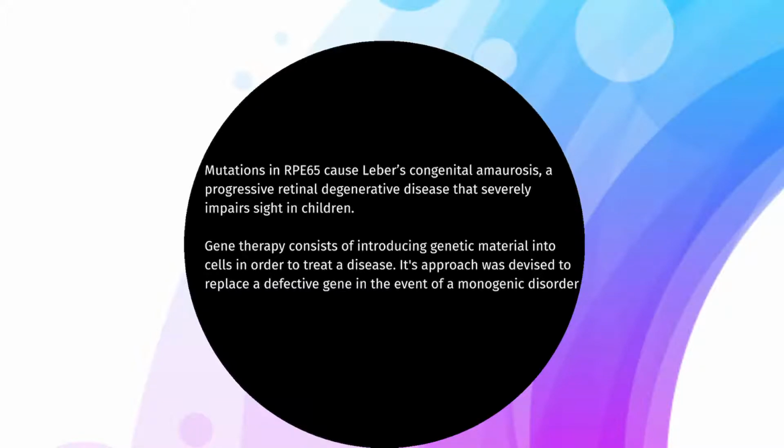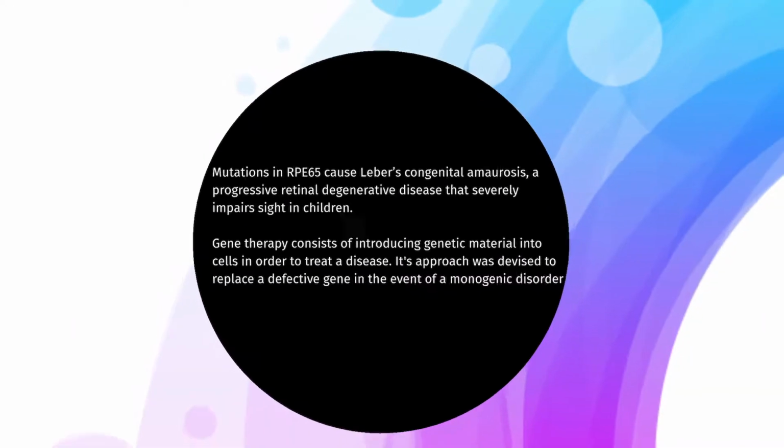Gene therapy consists of introducing genetic material into cells in order to treat a disease. Its approach was devised to replace a defective gene in the event of a monogenetic disorder.